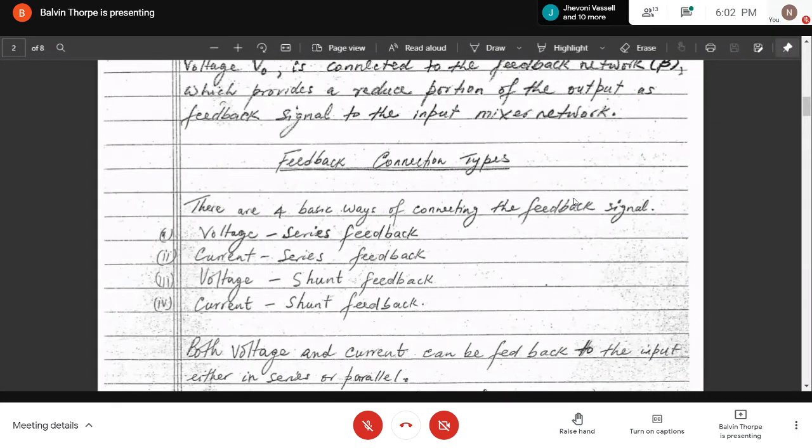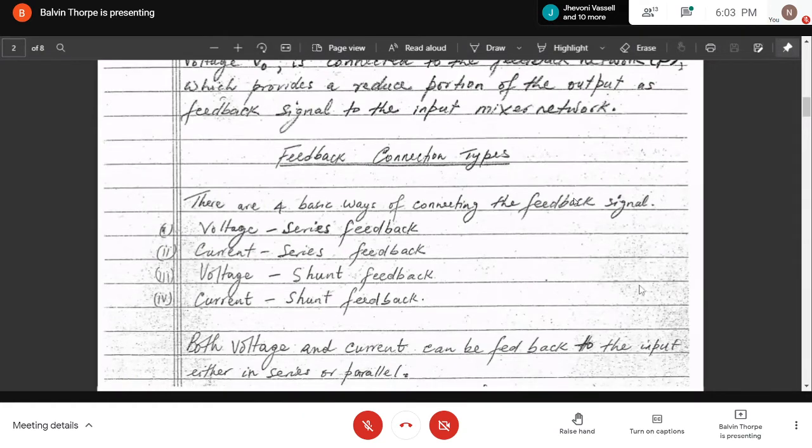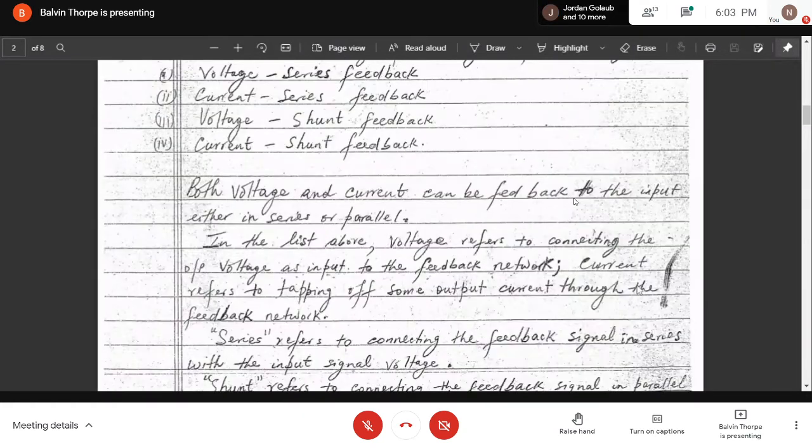All right. So what does all that mean? We can feed back a current or voltage from output back to the input. That goes without saying, eh?